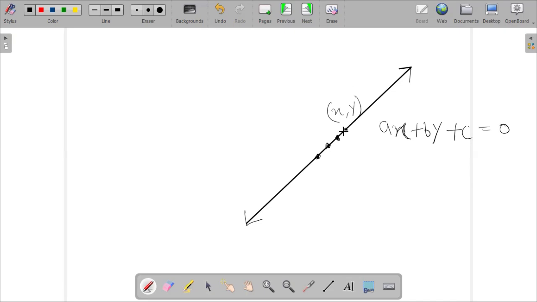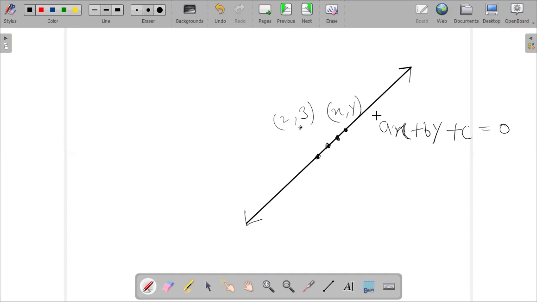And this point is something else. I'm saying 2 comma 3, like another point. This is not a solution of this equation. Why? Because it is not lying on this line. If a point is a solution of this equation, then it must sit on that line.